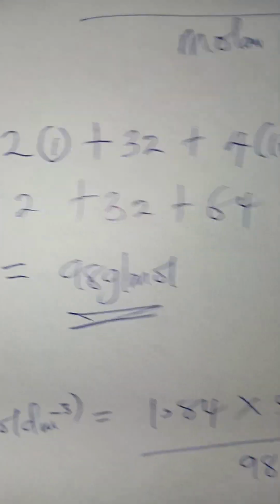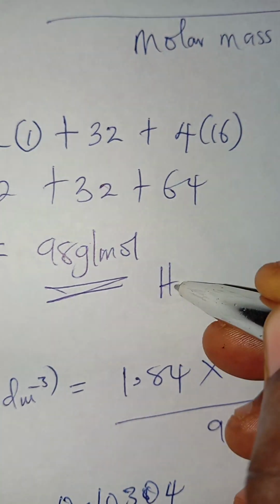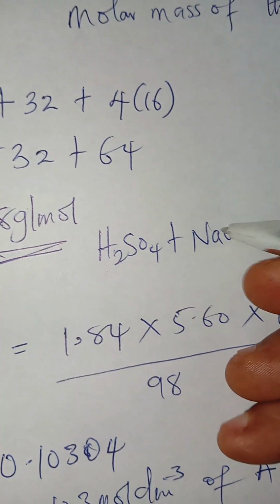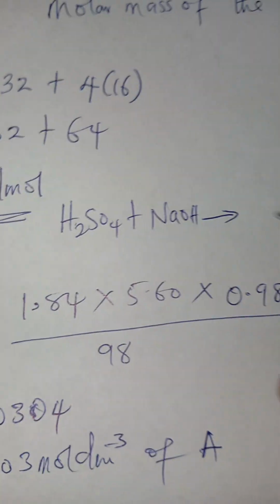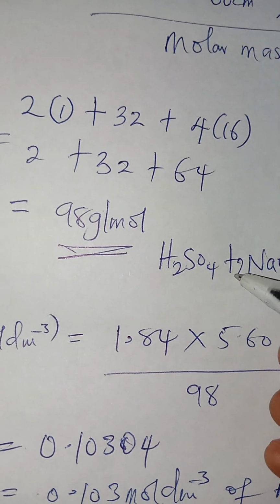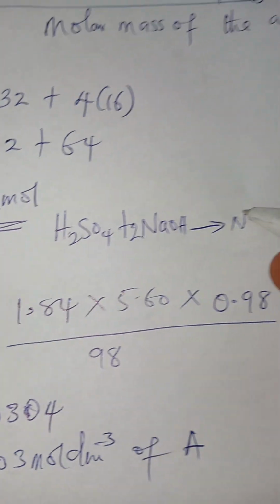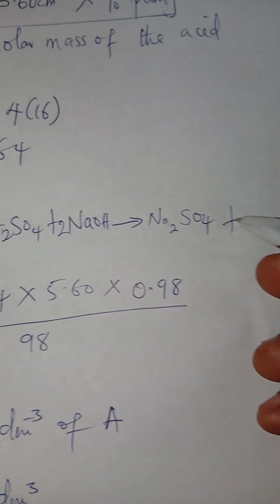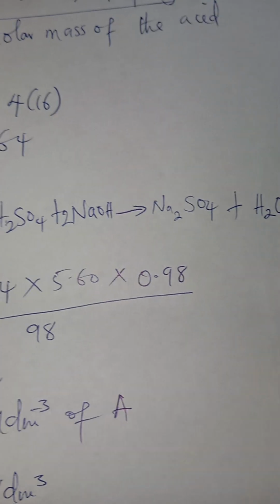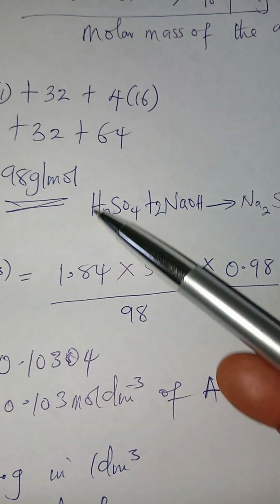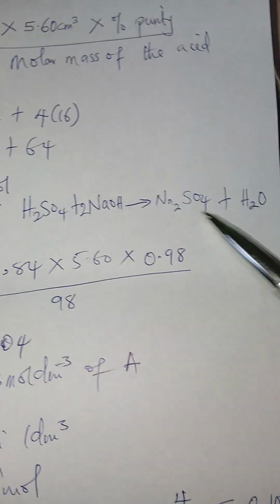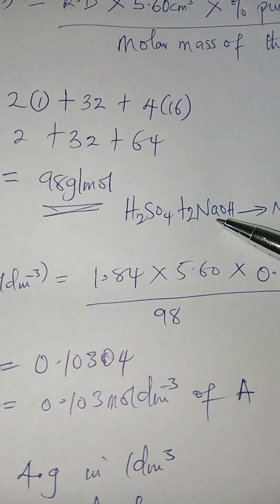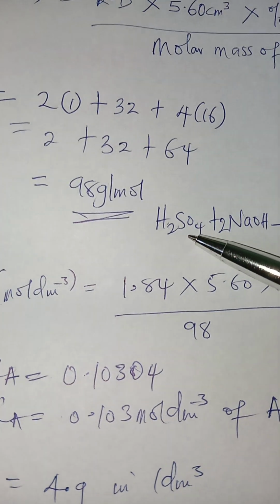Remember that this involves an acid, H2SO4, and a base, sodium hydroxide. When you balance this equation, you should expect Na2SO4 plus water. This is the balanced equation: the acid, the base, the salt, and the water. You can see that the number of moles of base is 2 and that of acid is 1.